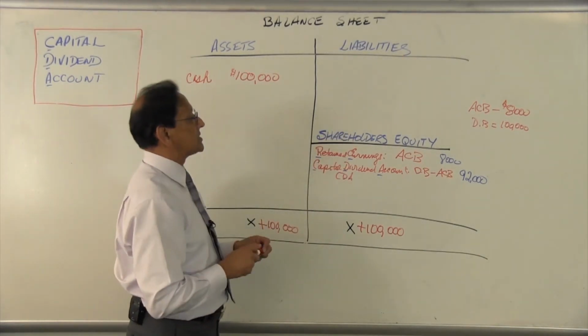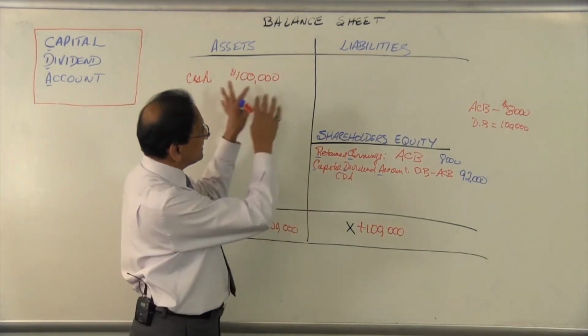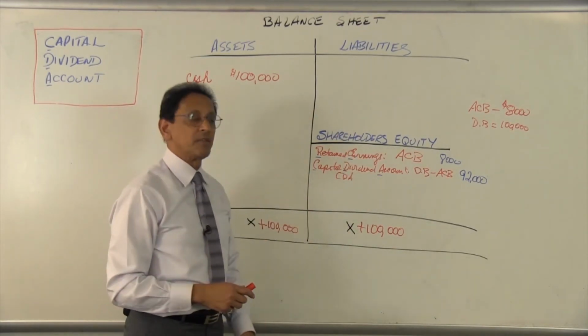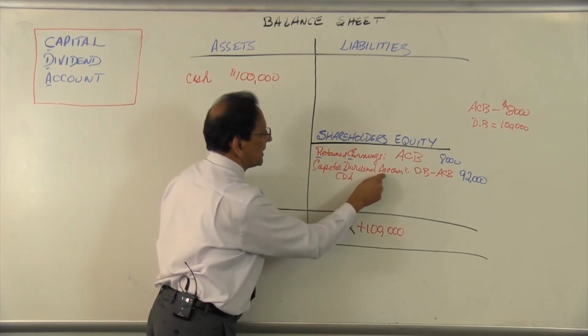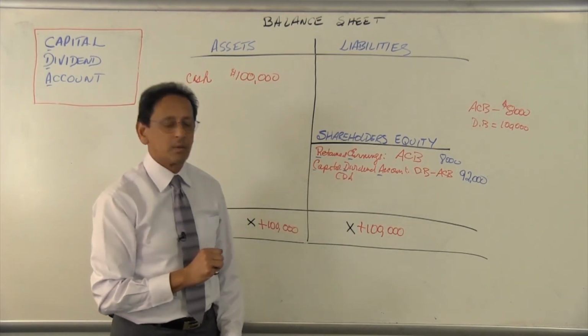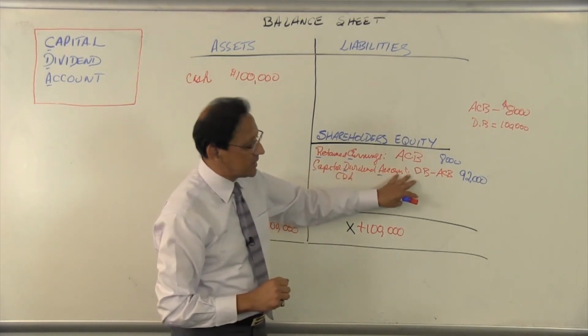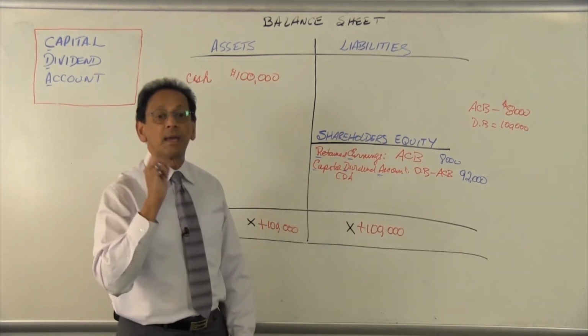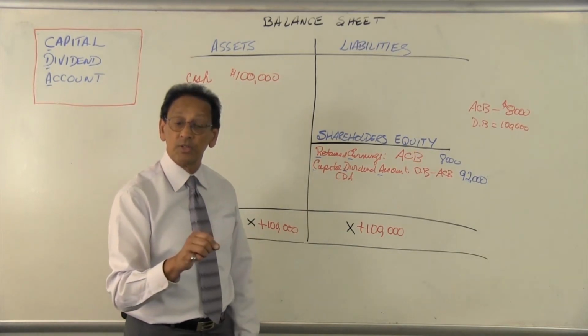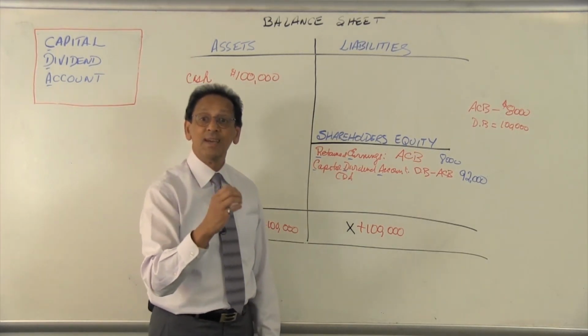What's very important in this special treatment for life insurance proceeds is the amount that's credited to this capital dividend account. Any amounts credited to this account, for example the $92,000, can go out to the shareholders as a tax-free dividend.